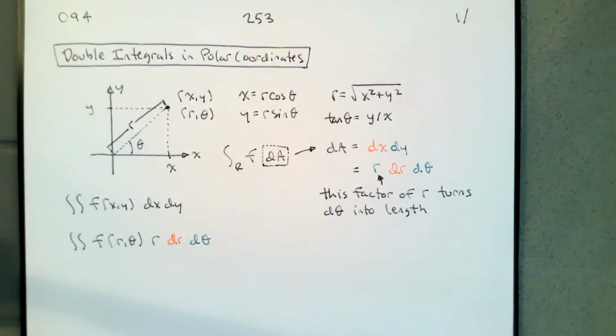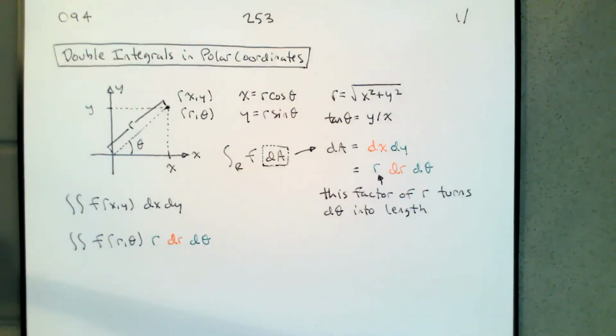The problem that arose with regards to building double integrals is that one of the factors in our integral is this dA factor. It represents a small piece of area over which we're assuming the function is constant.